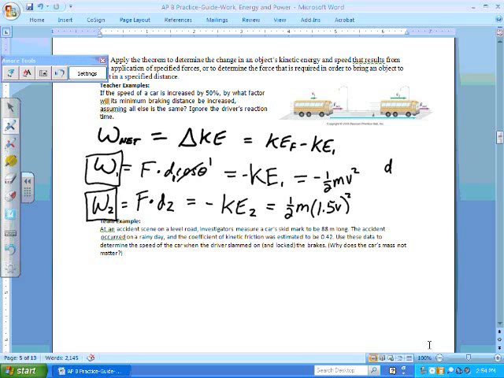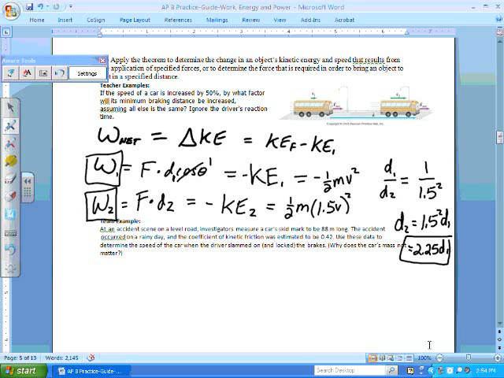If I divide both lines, I get d1 divided by d2 is going to basically equal 1 over 1.5 squared. And therefore, d2 equals 1.5 squared times distance 1, or 2.25 distance 1.